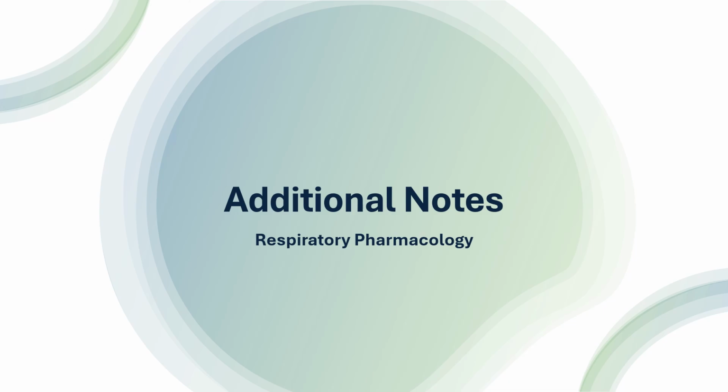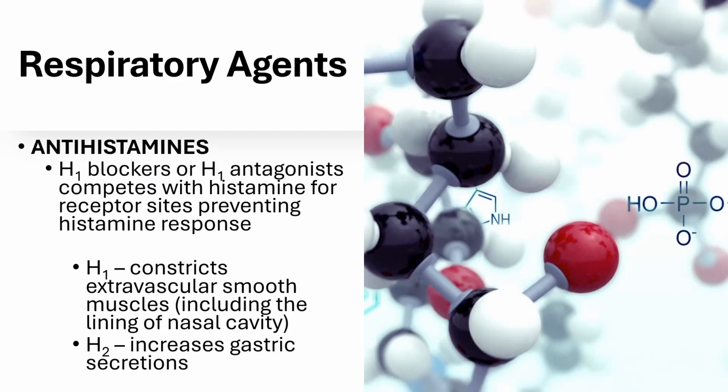Additional notes for your respiratory pharmacology. Again, antihistamine, H1 blockers or H1 antagonists compete with histamine for the receptor sites, preventing histamine response. Remember, your H1 constricts the extravascular smooth muscles. H2 increases gastric secretion.